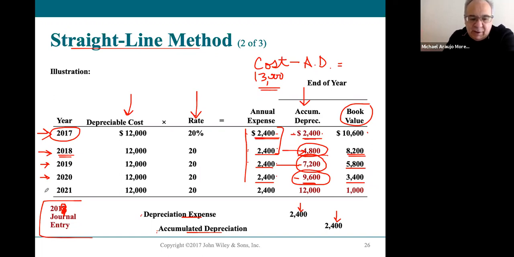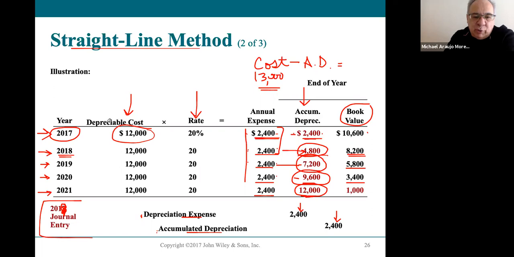In the 5th year, it's your last year, right? 5 years. You're going to make your final entry for a depreciation expense of $2,400 and accumulated depreciation for $2,400 after the 5 years. That's your entire life of the truck. Well, look what happens at the end of the year. You have already accumulated the $12,000, which is exactly what you said you would expense over time.